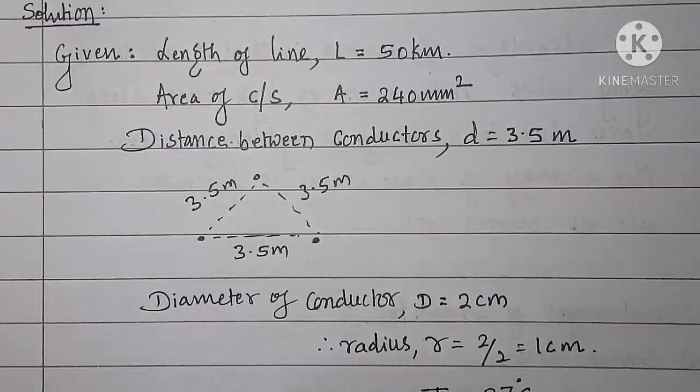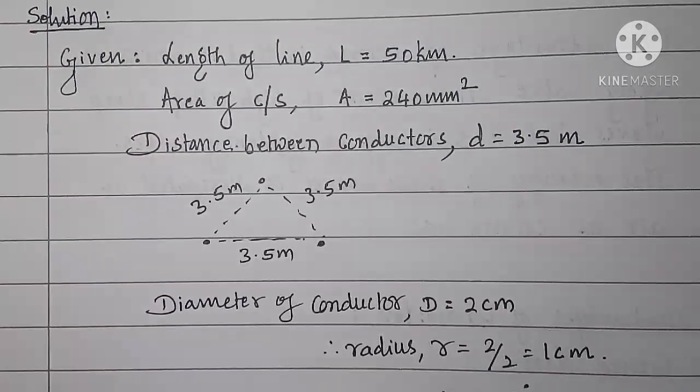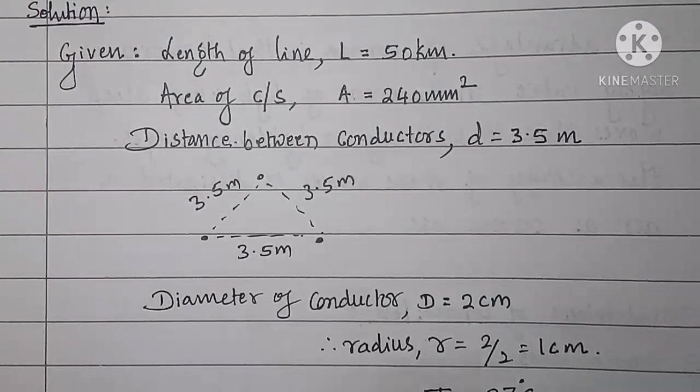Temperature is given as 27 degrees Celsius. Barometric pressure B is given as 73 centimeters.